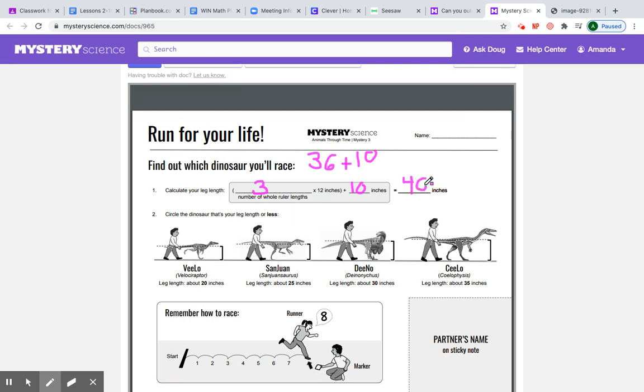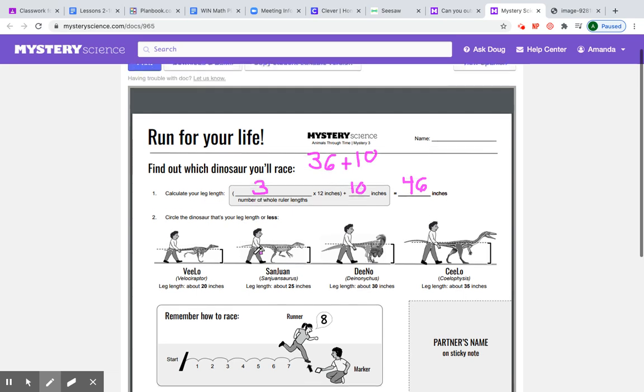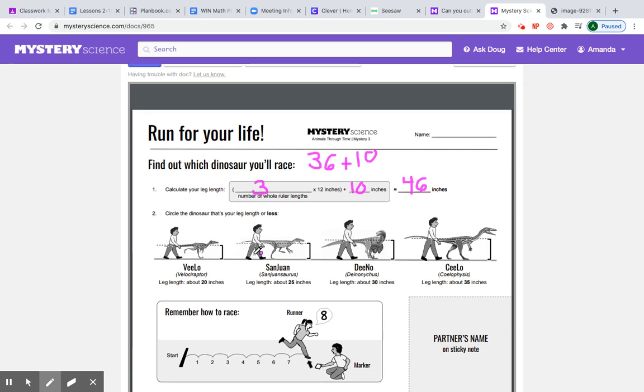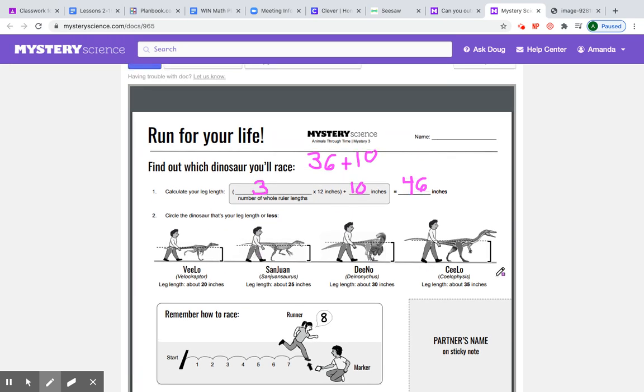Okay. So now we're going to find the dinosaur that's my leg length or less. I'm an adult, so I will tell you guys that I know this might not be fair.